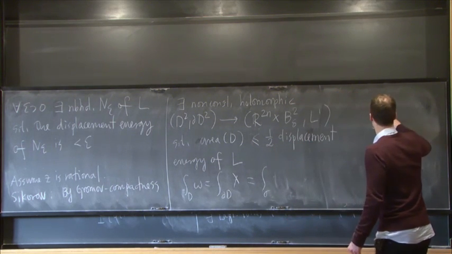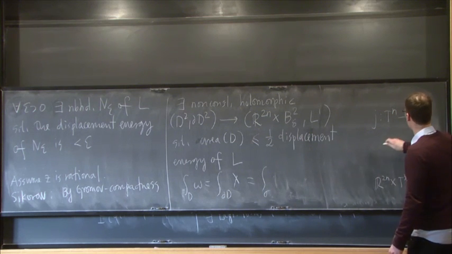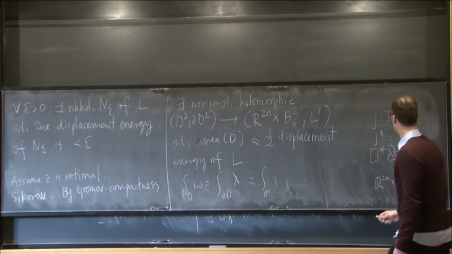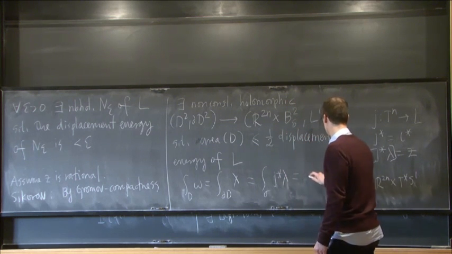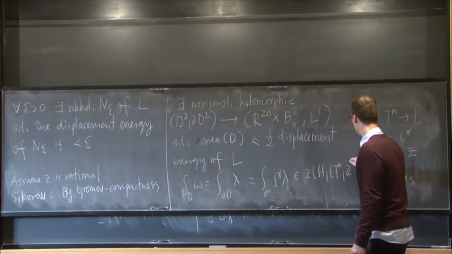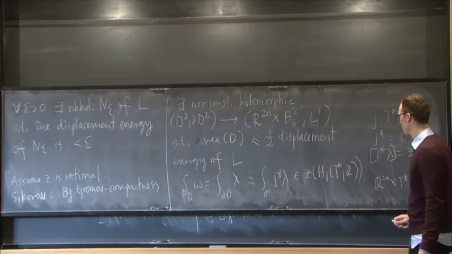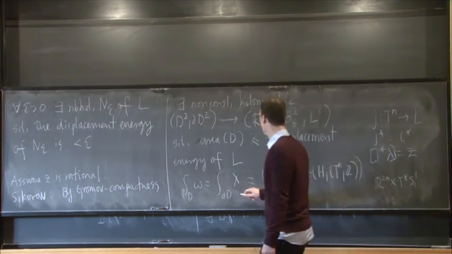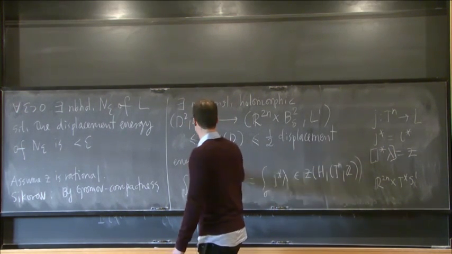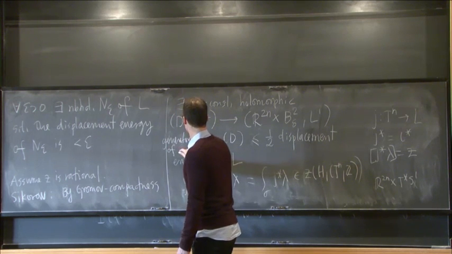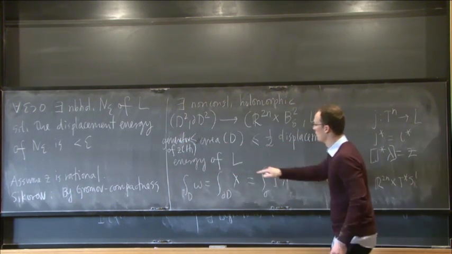And here we have, if I should have said one more thing. So I assume I have T^n into L, and so here I just get Z, in H1 of T^n, Z. But what that means is that this is greater or equal to the generator of, I should wrap that up.